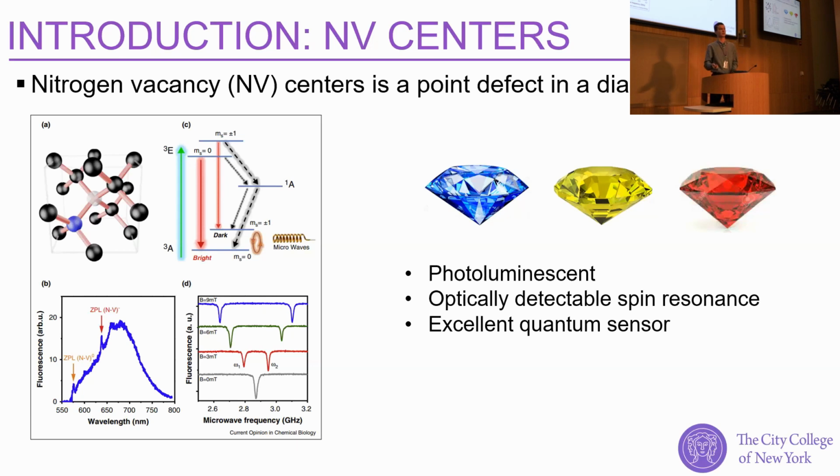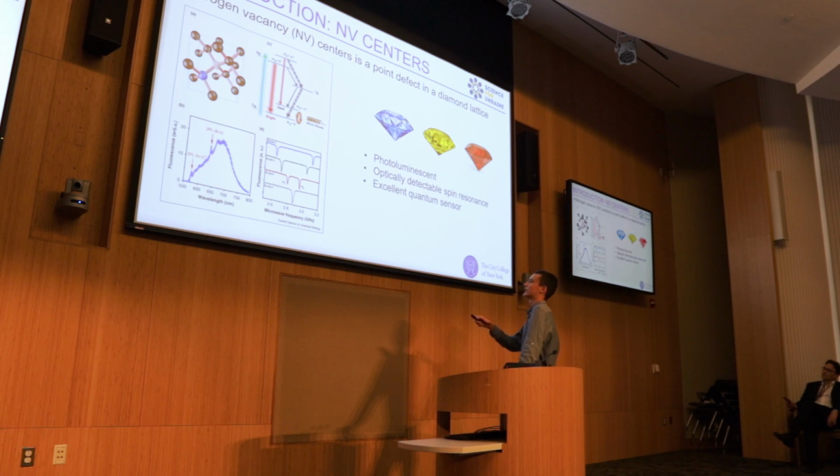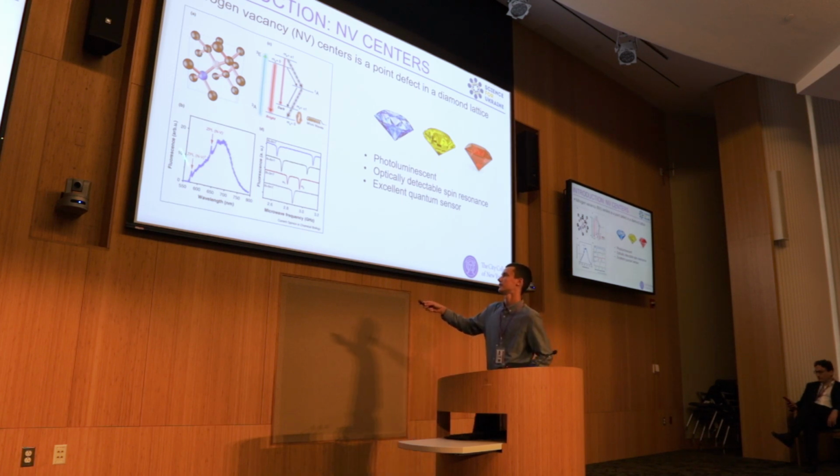So when you're excited with green color waves, it emits red color. And actually, it emits a spectrum of waves like this. But human eye sees this as a red color.